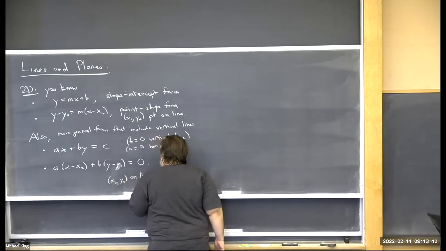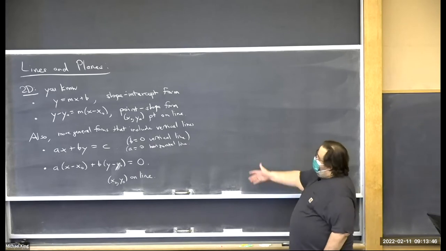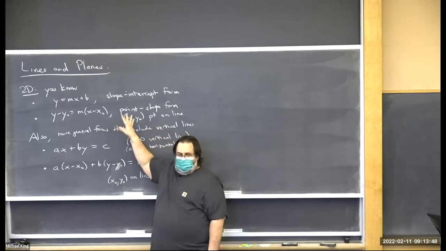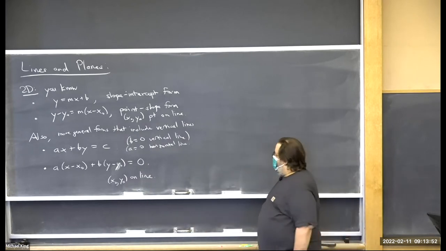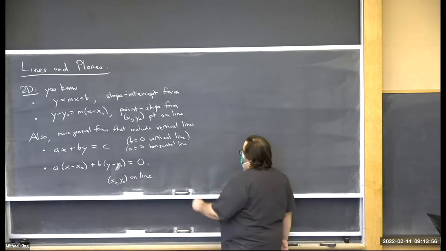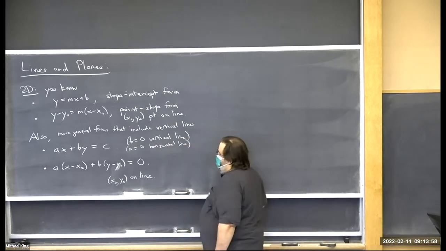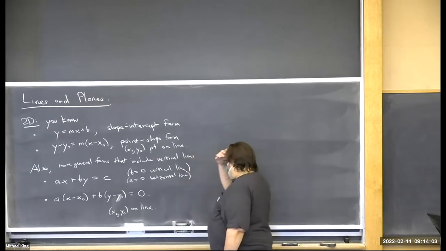But the question I guess I have is, what do the a and b really represent? The one reason we like these forms is we understand what all the letters are doing, right? M is the slope, and so on. But here it's like, well, what do a and b mean? You can, like we said, sort of solve for the slope in terms of a and b if there's a slope. But let's think about this.